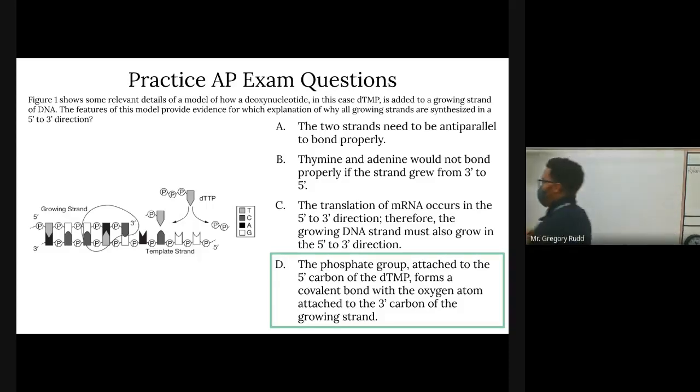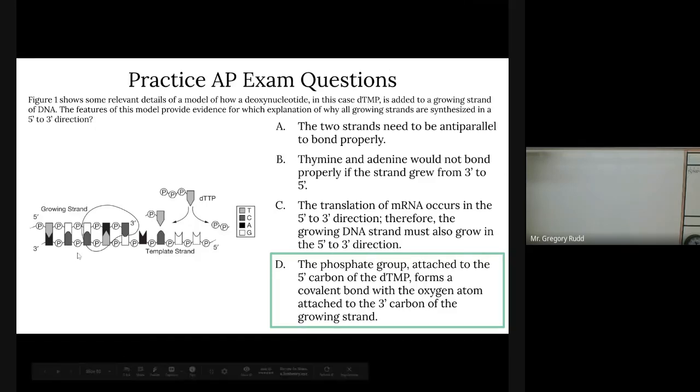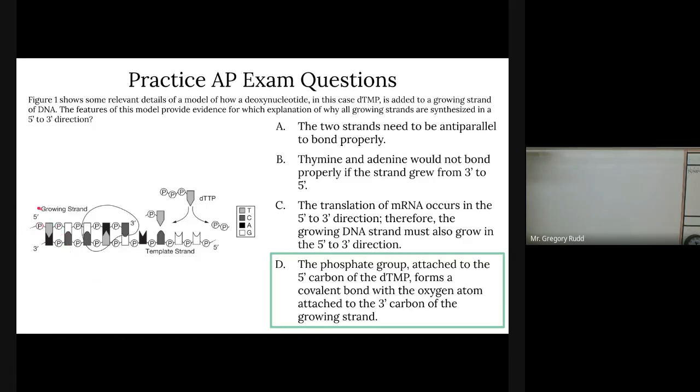Give me 1 second. So because of that, Selena, there is no opportunity to add anything else to the 5' carbon. We can only add to the 3' carbon.